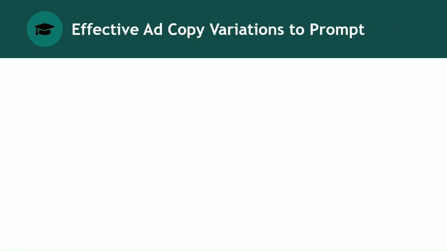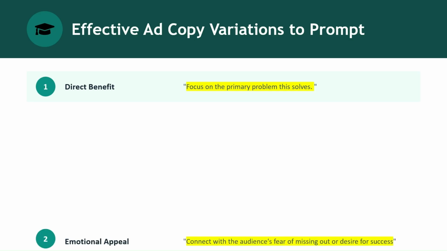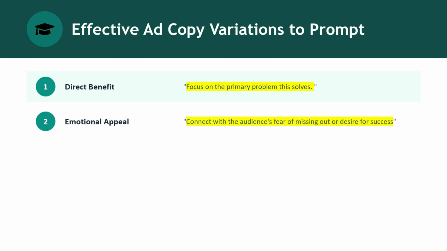Effective ad copy variations to prompt. Specify the direct benefit: focus on the primary problem this solves. Emotional appeal: you can include in the prompt something like this, connect with the audience's fear of missing out or desire for success. I already did this, as you can see; I inspired myself from these guidelines.